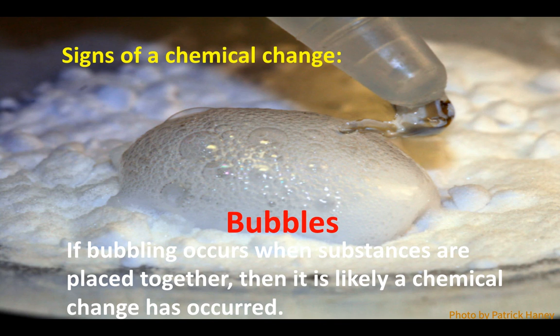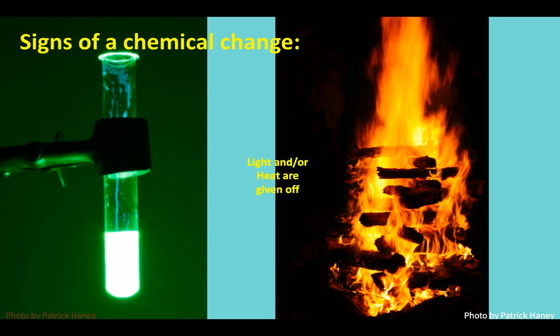You guys did see this when we did that example of, oh my gosh, what was it? The phenol red color indicator, and we put it in that plastic bag. When we opened it, we smelled something really, really gross. It's because a gas had been formed and that gas had a different odor.